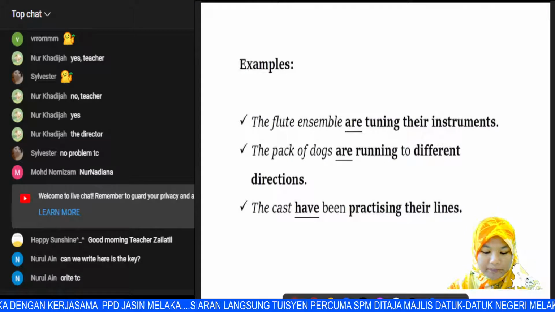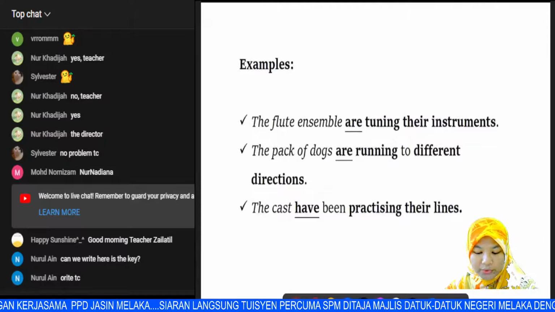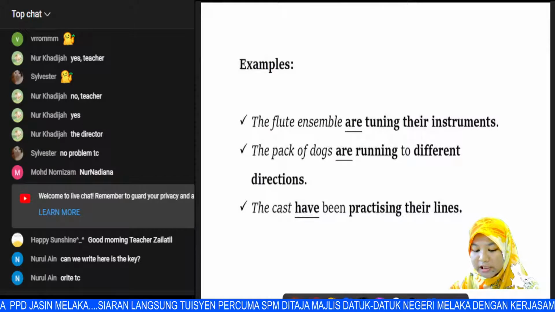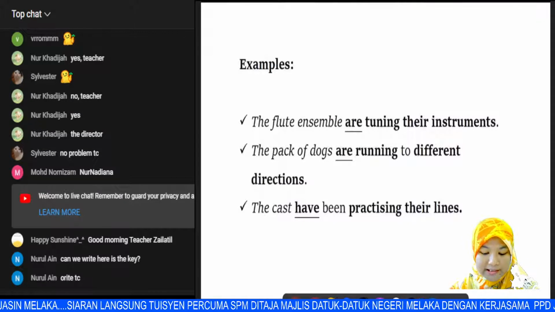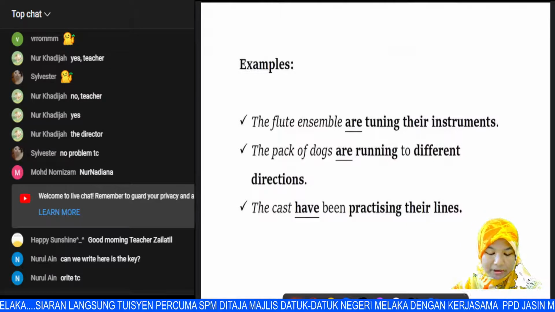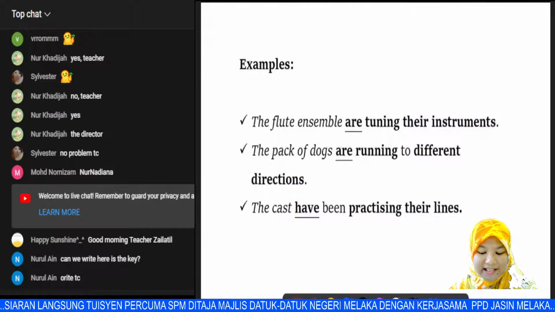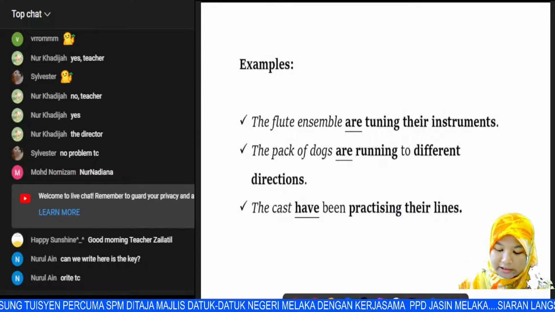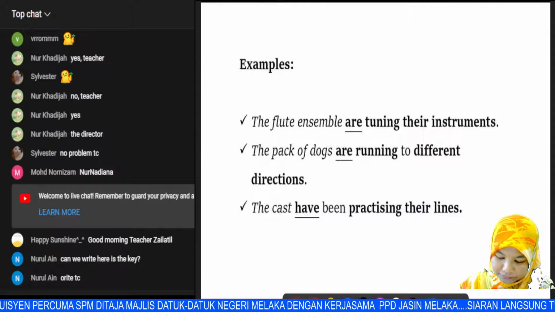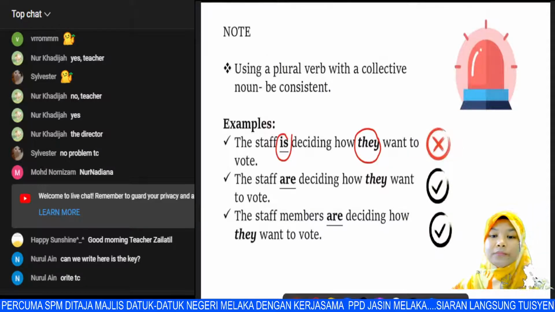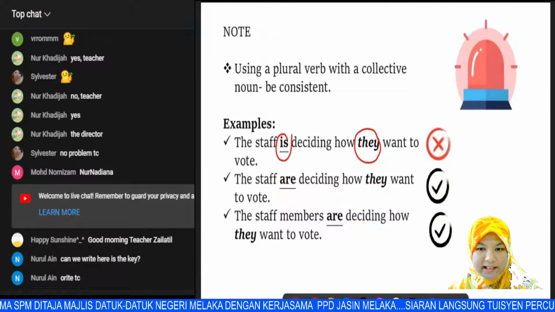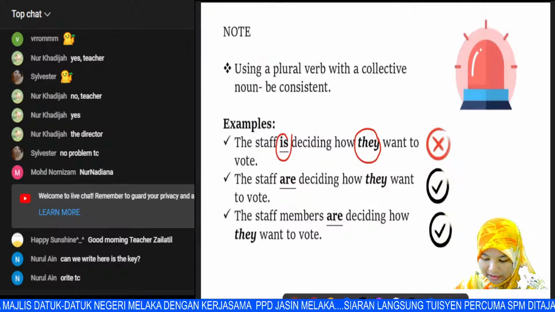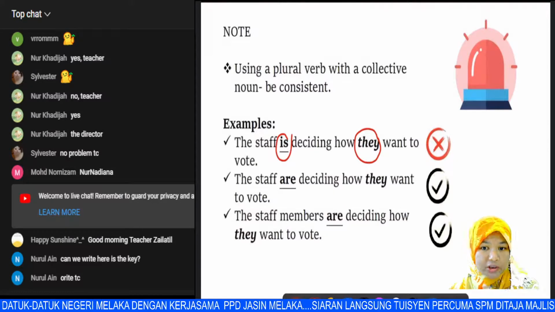Here, note: using a plural verb with a collective noun. When you use a plural verb with a collective noun, you need to be consistent. Look at the example: the staff is deciding how they want to vote. Based on the words that I circled, you can see the contradiction.